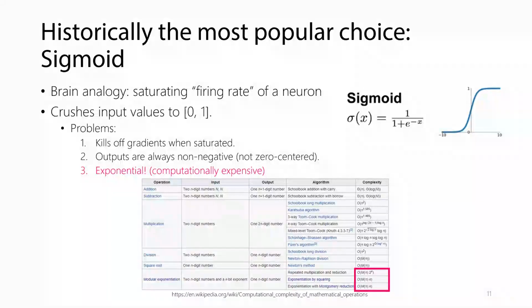However, if you have a deep model with millions of parameters, or like ChatGPT, trillions of parameters, even for a nanosecond, if you multiply by a trillion, it's actually a significant difference, right? So for that reason, sigmoid is not very popular nowadays in the context of deep learning. All right.